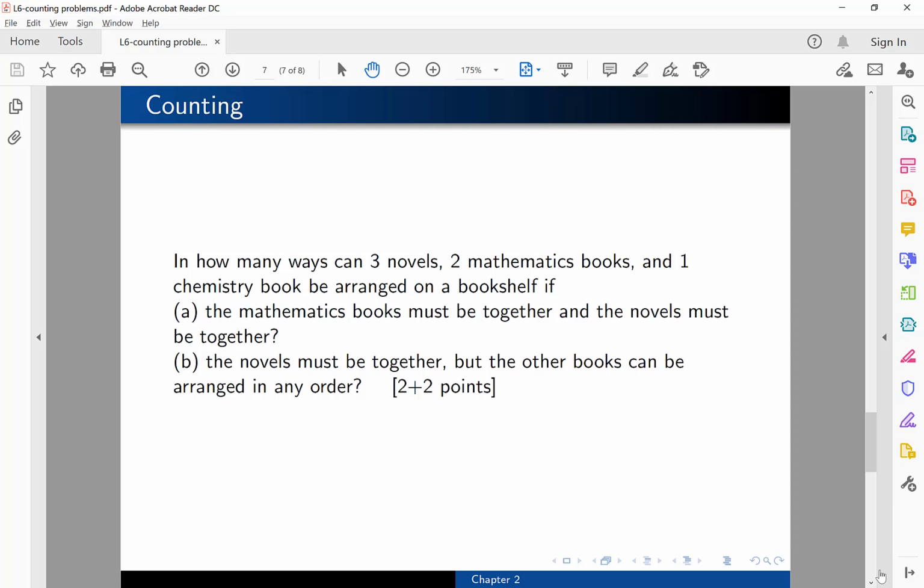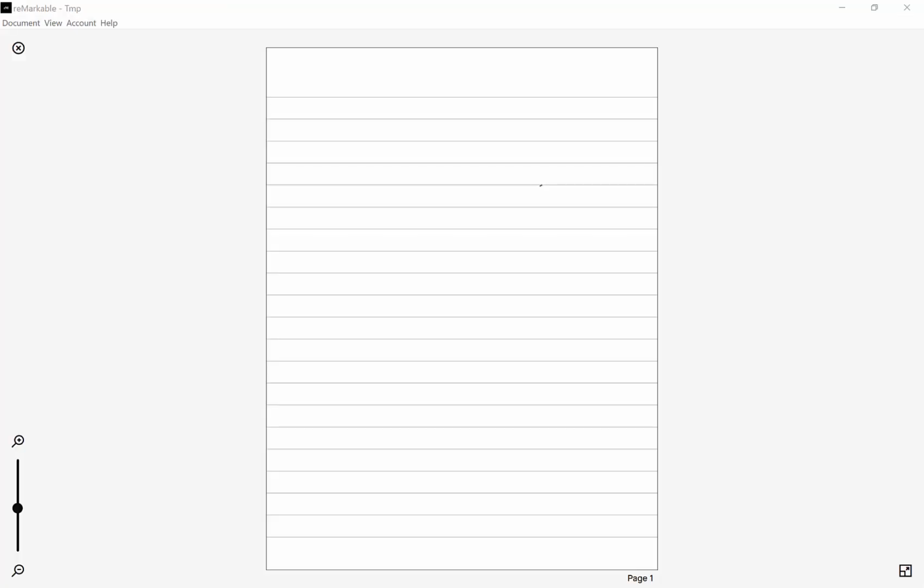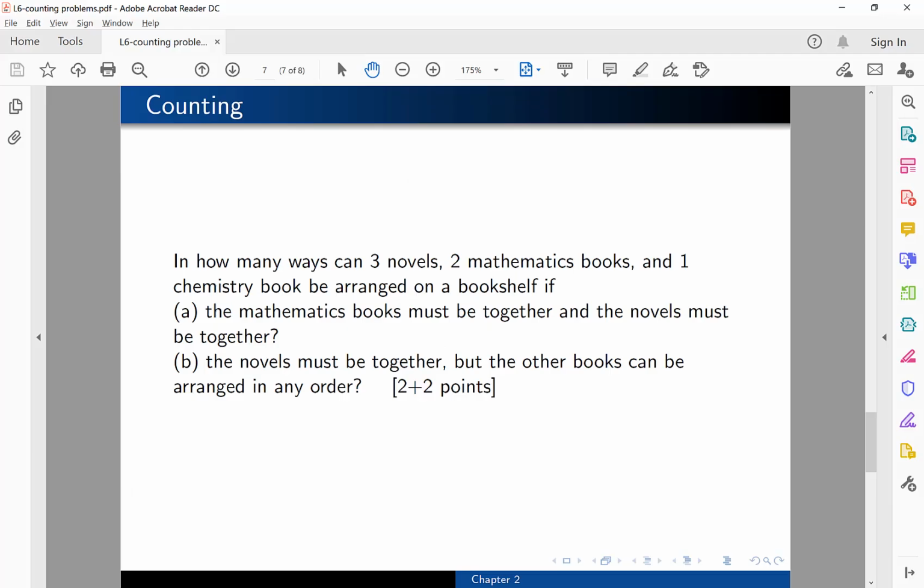So in this question, we'll see in how many ways 3 novels, 2 mathematics books, and 1 chemistry book can be arranged on a bookshelf if A, the mathematics books must be together and the novels must be together. So let's see. We have 3 novels, 2 mathematics books, and 1 chemistry book, is that right?